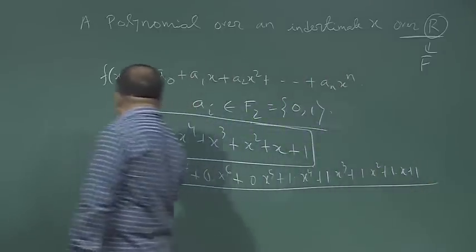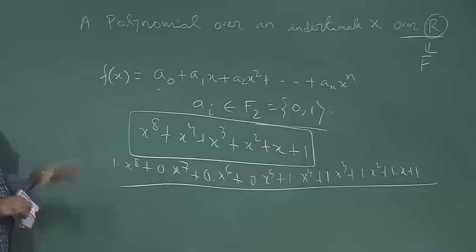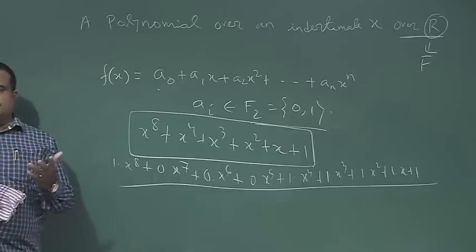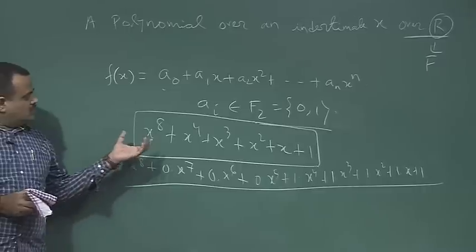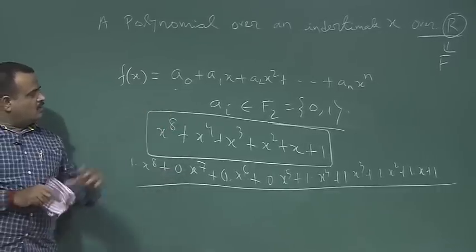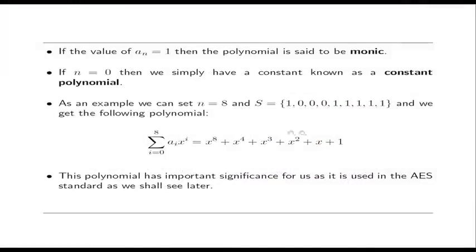So these are the coefficient sets of this polynomial. This is an 8-degree polynomial. This is an irreducible polynomial. We will talk about what we mean by an irreducible polynomial. So this is an irreducible polynomial of degree 8 over this F2. This polynomial has important significance for us as it is used in the AES standard.